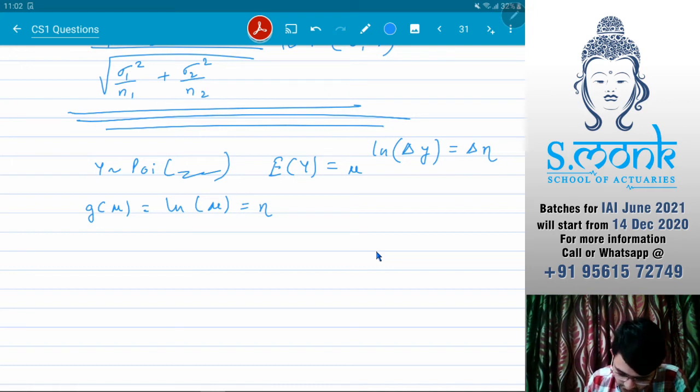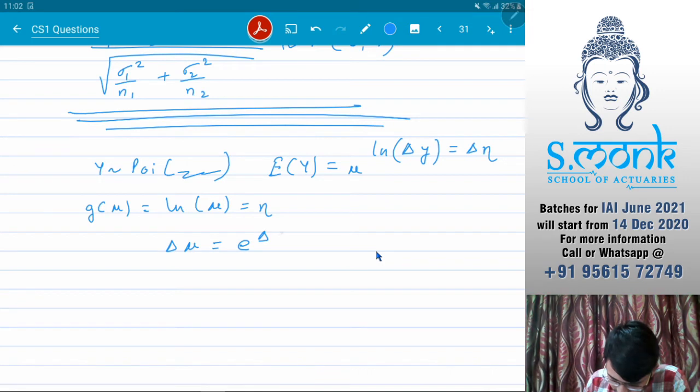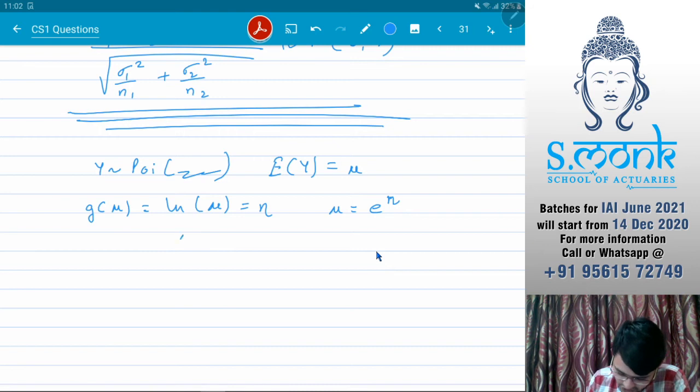So if I want to see how much my change in mu is, I will just write mu equal to e raised to eta. Now here we will take change. We'll say change in mu must be nothing but change in e raised to eta.